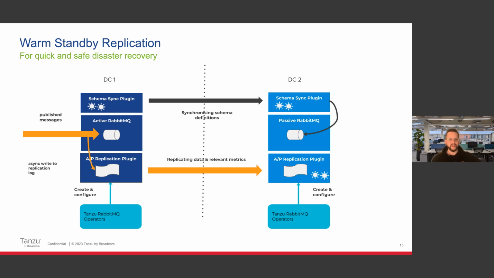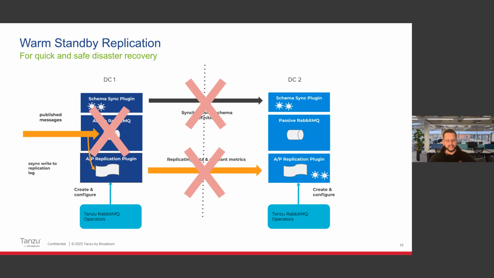Publish messages and an async write to that replication log. So that's replicated over the passive site. In case of a disaster which causes an outage of the primary data site, the standby cluster can be promoted, at which point all the messages which were not processed on the active site will be repopulated into the appropriate queues. So essentially, we're replicating all of the messages and the message state to the passive site.